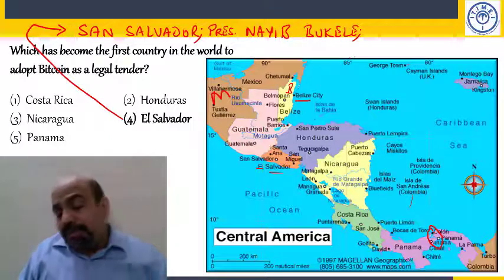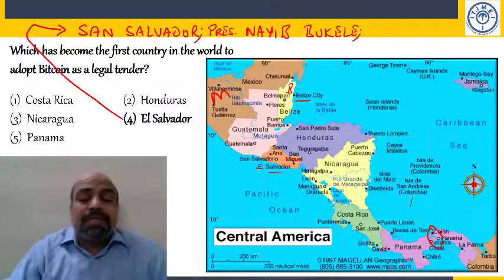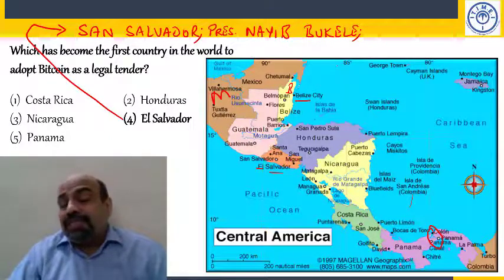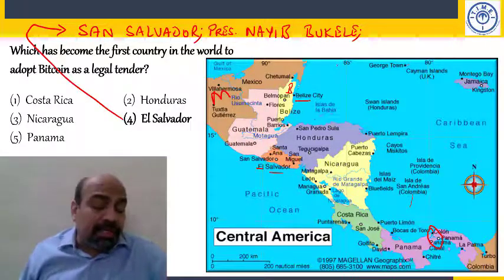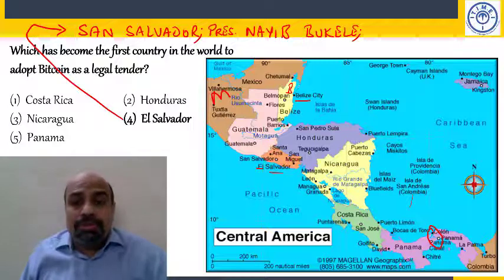And the currency. Now, El Salvador is a country that doesn't have a currency of its own. It hasn't had a currency of its own since 2001.